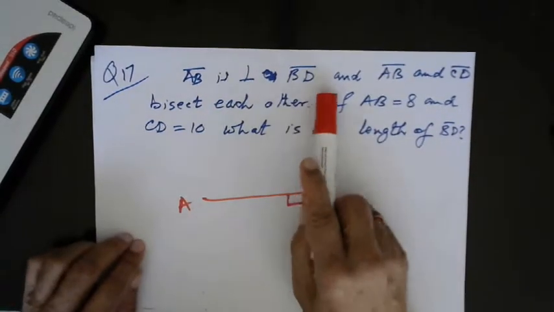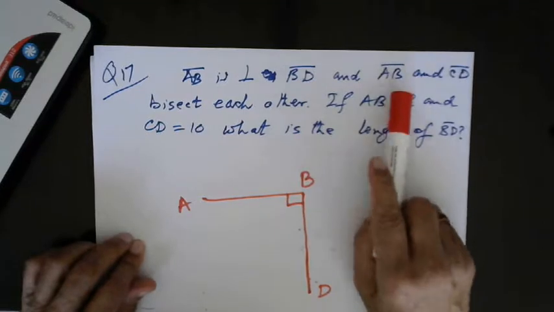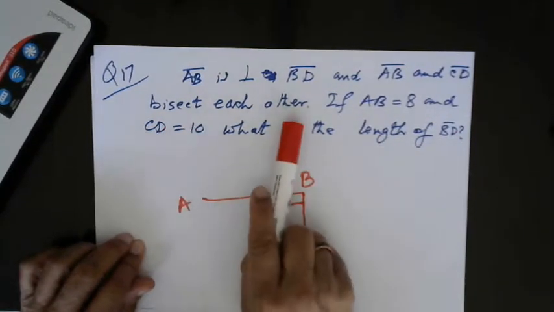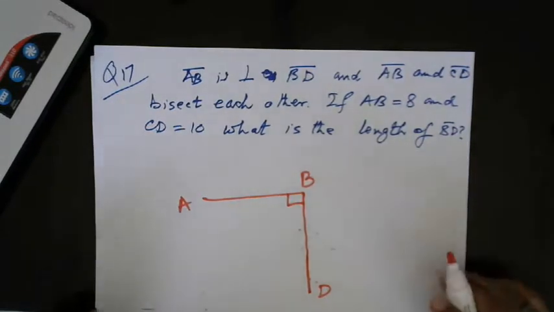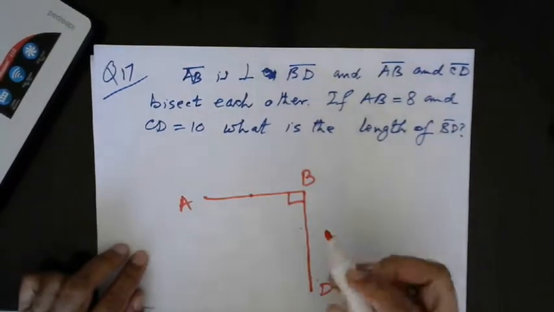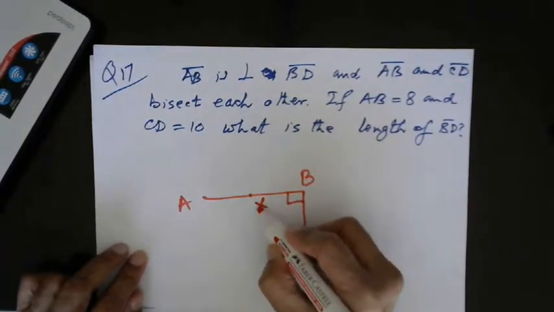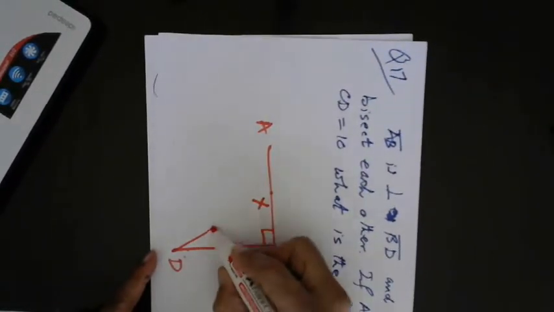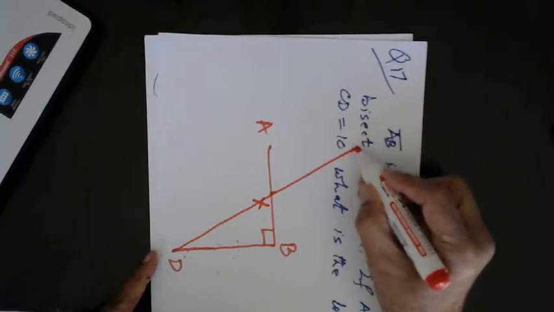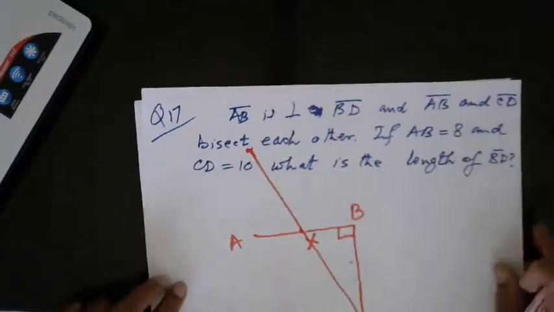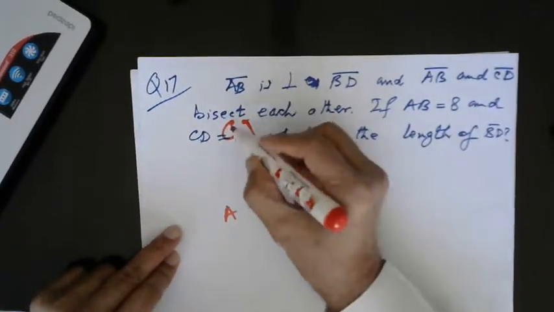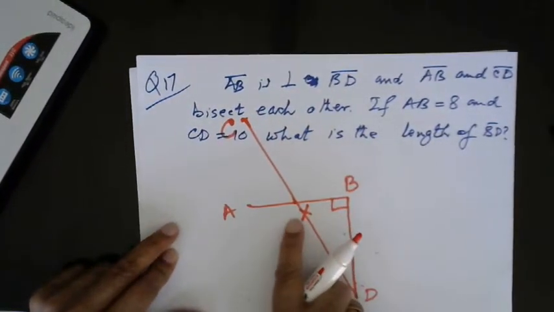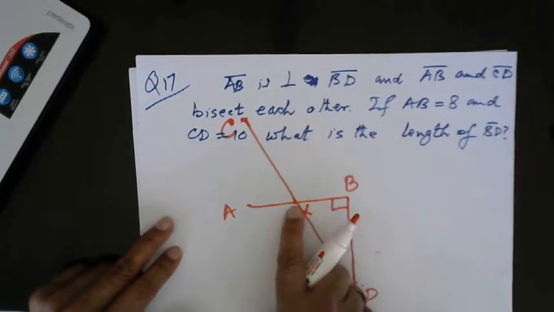AB is perpendicular to BD, and AB and CD bisect each other. So this is the middle point of AB. Let me call it X, and C must be somewhere here. This is my C. So you can see that CD and AB bisect each other at this point X.